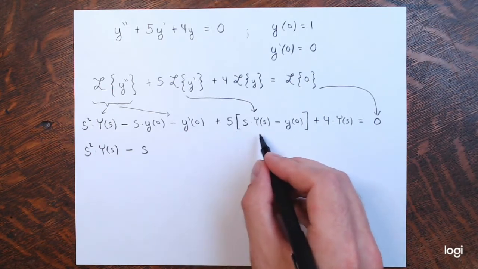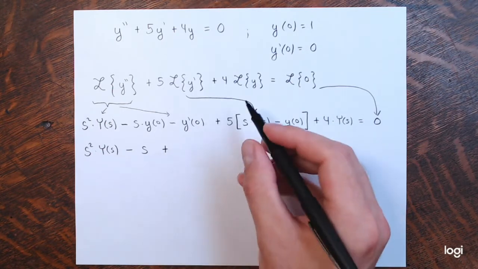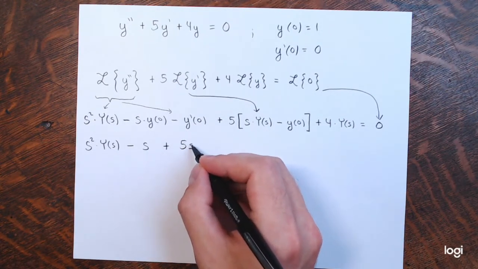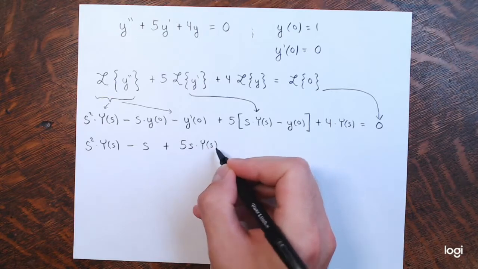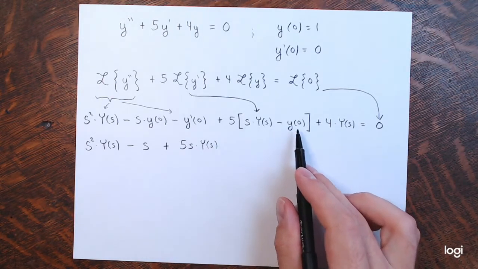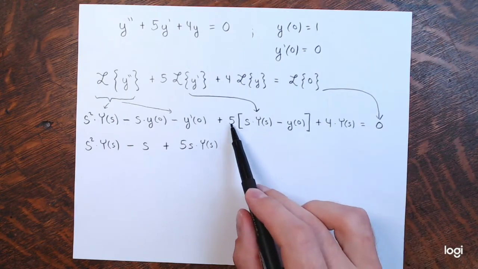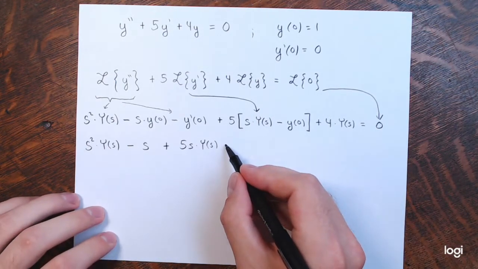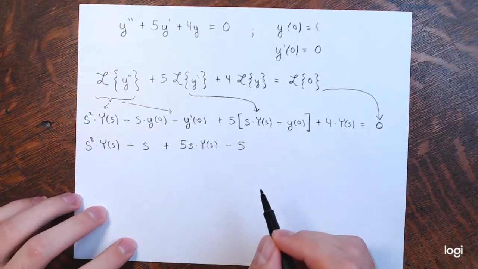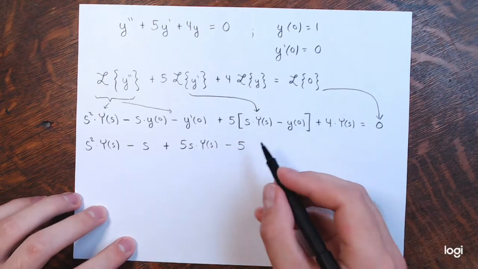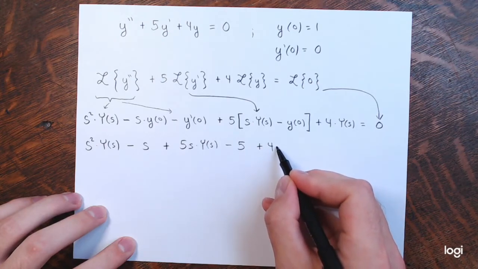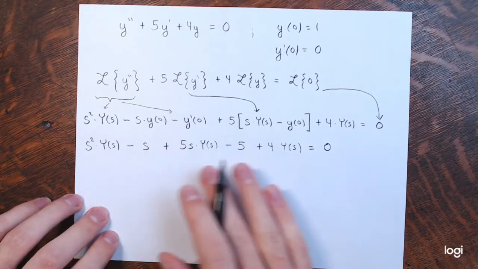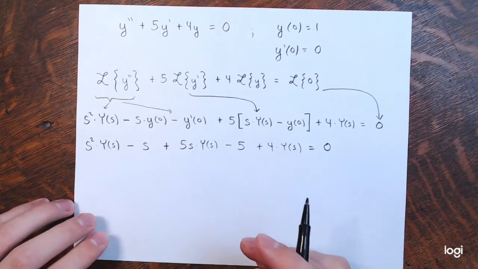Plus, I'll distribute the 5 here, so we have 5s times capital Y of s. And then minus, now y of 0 is 1, but I'm multiplying it by 5, so that'd be minus 5. Then plus 4 Y of s equals 0.